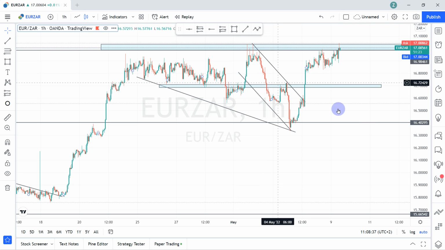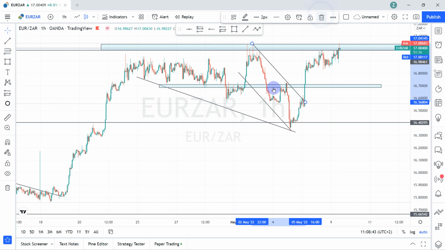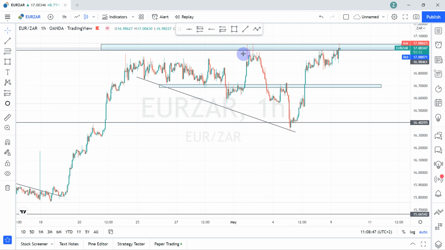Currently the market has completed our trend line, so let's remove these lines, right? So let's remove these lines and cater for our current price movement.